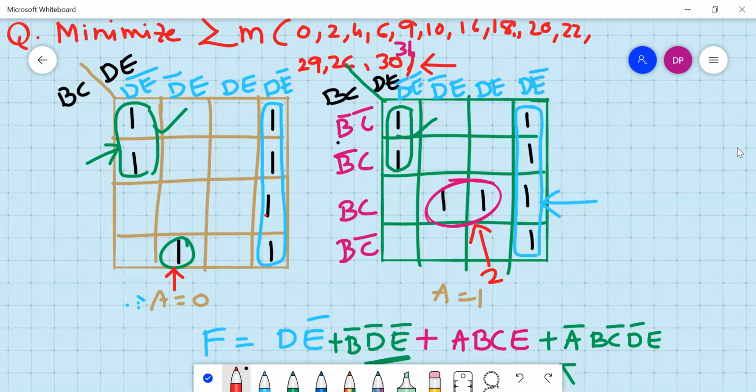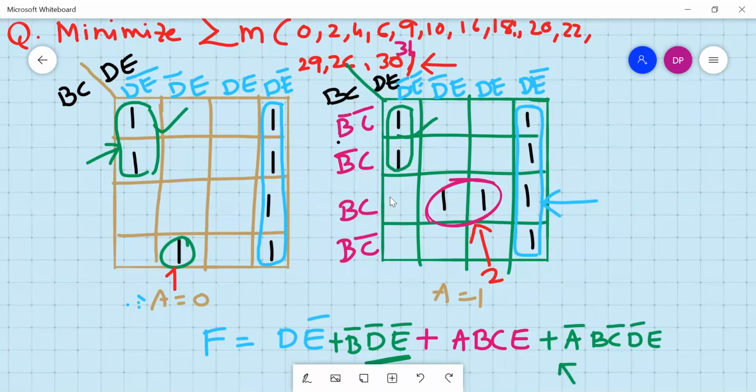Right, so below these two there is nothing here, so this will form a group of 2 only, right? I guess it's clear to all of you.